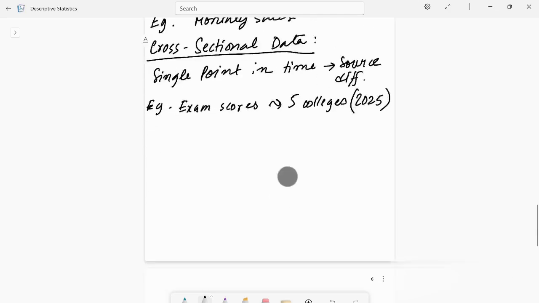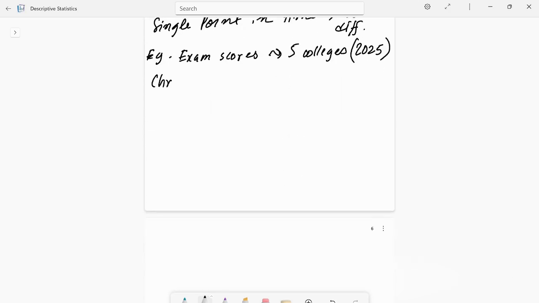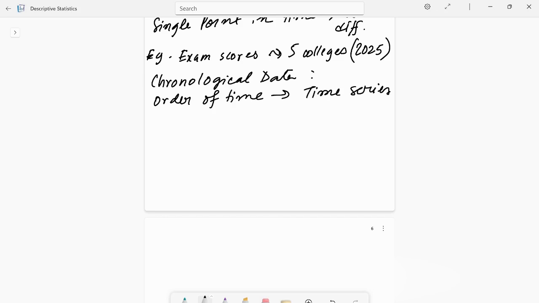Now we have another topic, which is chronological data. Chronological data is time series data arranged in the order of time. It is important when tracking progress or spotting patterns.